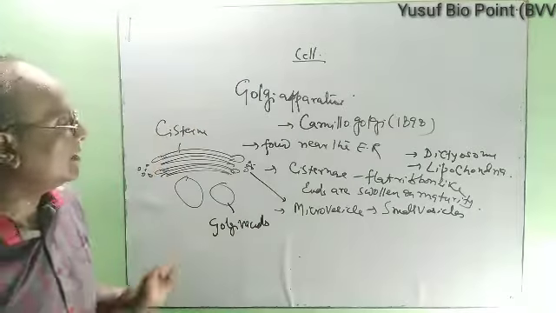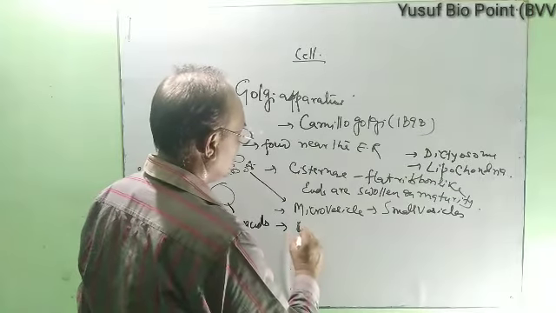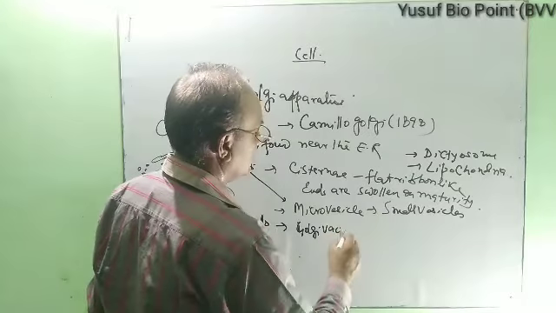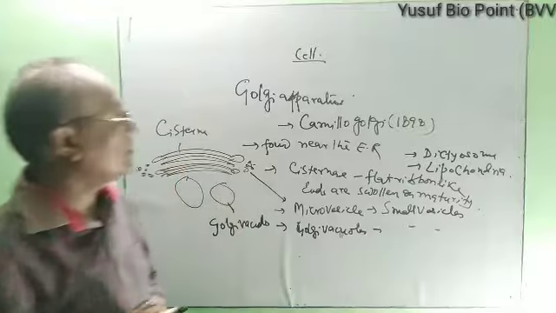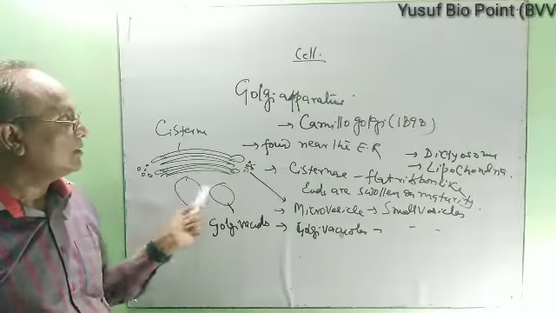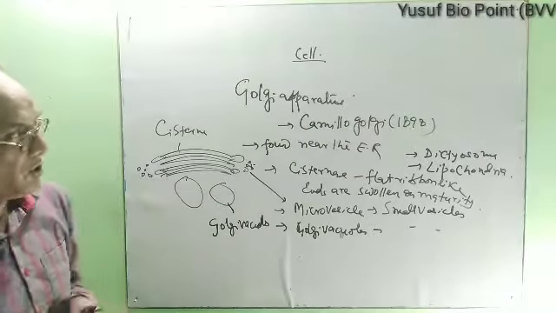So these are the structures which are found in the Golgi apparatus or Golgi bodies. Understand?